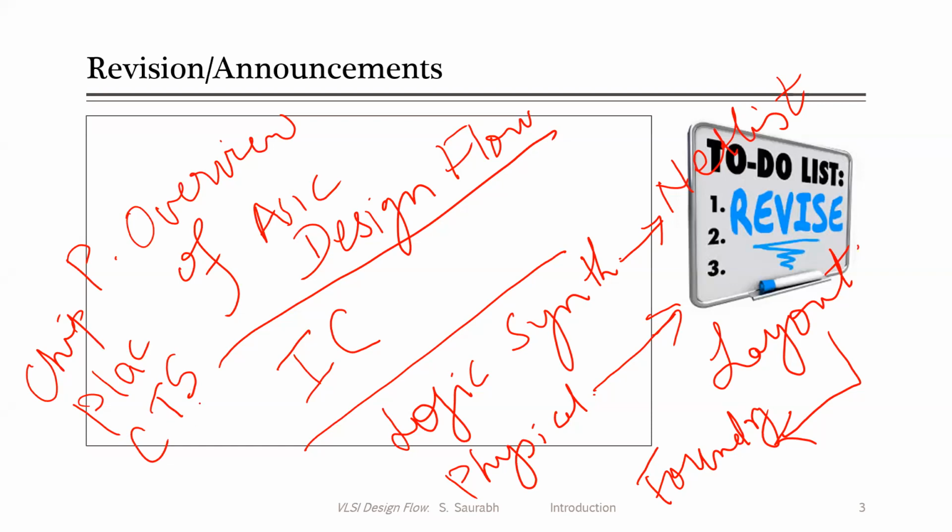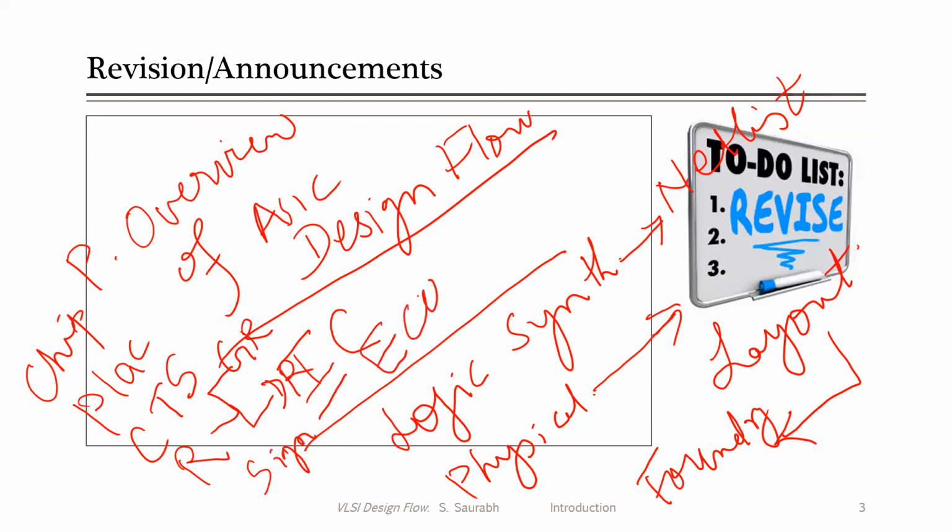After CTS, we do routing, which is divided into global routing and detailed routing. Once we have done the detailed routing, our layout is complete. Then we do some sign-off checks. If some changes are required, we do them through ECO, and then we tape out the chip, and it goes to the foundry for fabrication.